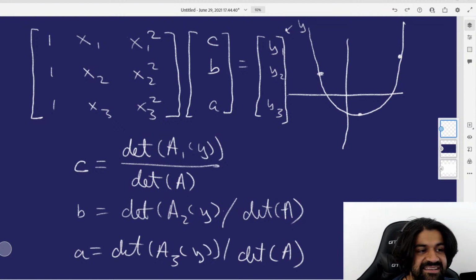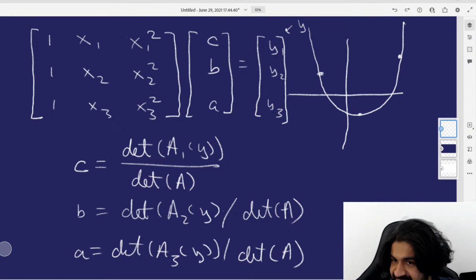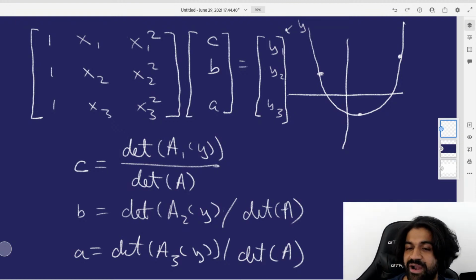And in fact, these are unique. A has to equal this, B has to equal this, C has to equal this. Okay? So Cramer's rule gives you an immediate quick proof that there's a unique quadratic that passes through these 3 points as long as the determinant of this matrix A is not equal to 0.